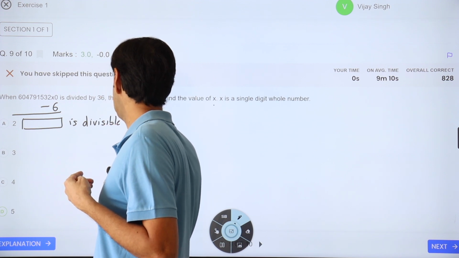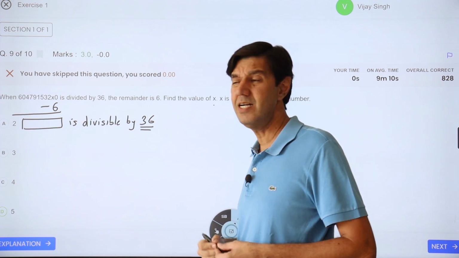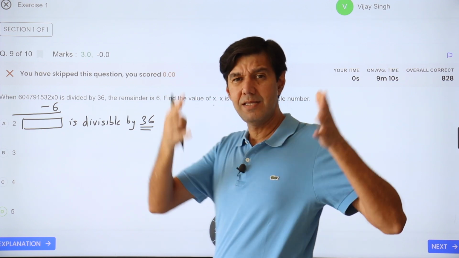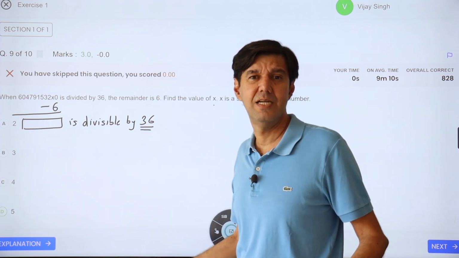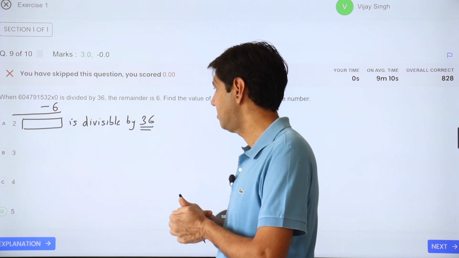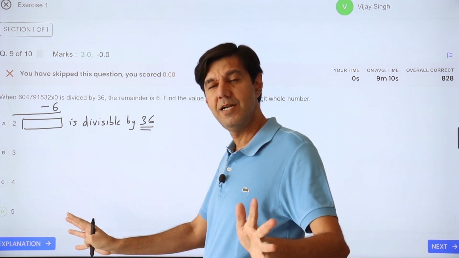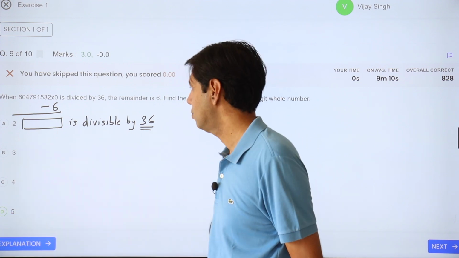And this kind of logic gets used quite often in LCM and so on, right? So they're not compartmentalized learning. You need to have an idea of what the division process is. You remove that 6, whatever is left is completely divisible. There's no leftovers now, there's no 6 to it.